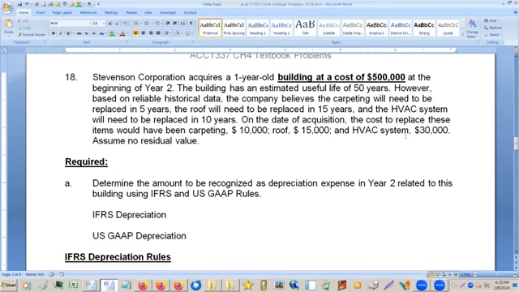In international standards, we break out individual components of the building and we depreciate those separately. So for instance, here they have carpeting. It will last for 5 years.